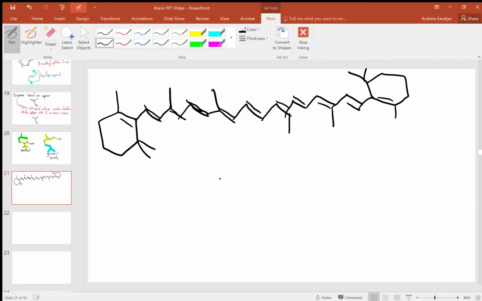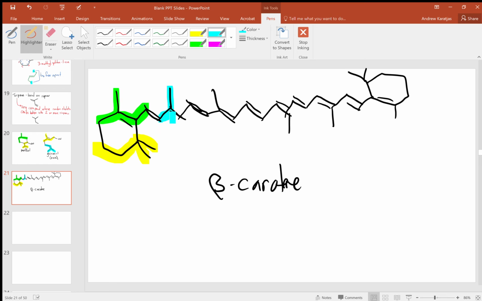So this you might recognize as beta-carotene. And if we look carefully at the structure of beta-carotene, it's all just these isoprene units put together.